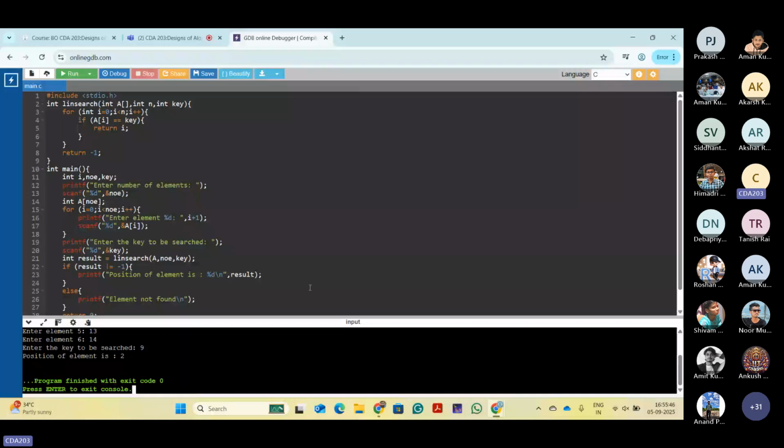Okay, so we are talking about a problem, actually an application of this binary search. I hope you have heard about finding the square root of a number. The square root of a number can be determined using this binary search technique.